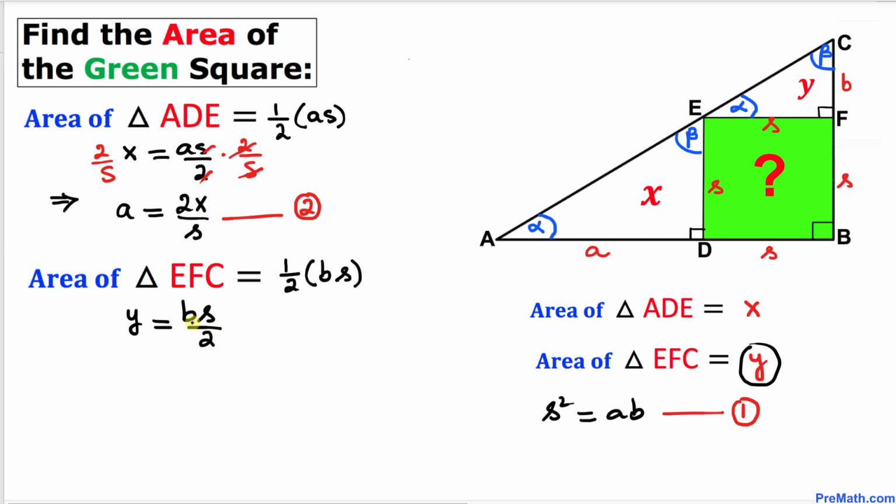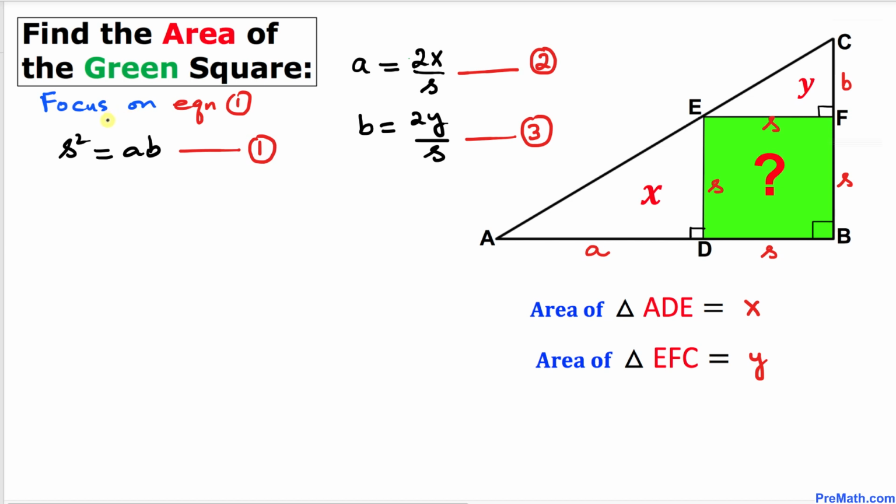Now let's isolate b. Let me multiply both sides by 2 over s. Here s and s are gone, 2 and 2 are gone. So we ended up with b equal to 2y over s. Let me call this equation number 3.